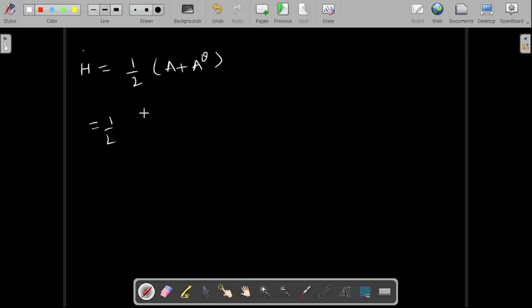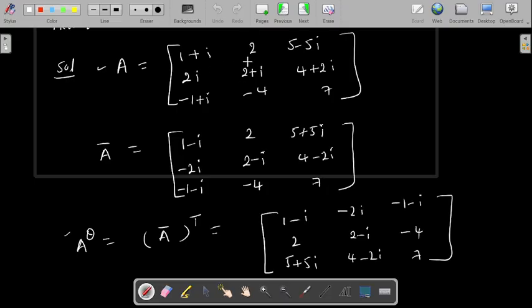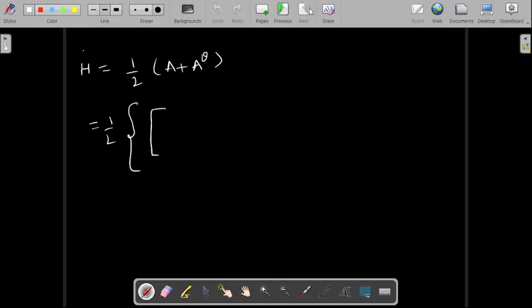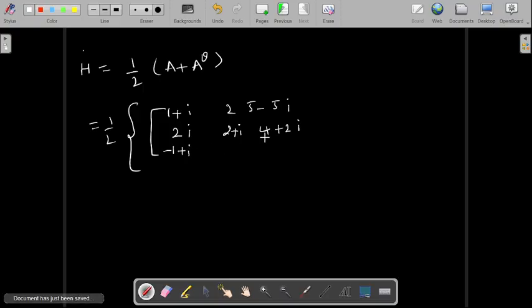For the A matrix we write [1 plus i, 2, 5 minus 5i; 2i, 2 plus i, 4 plus 2i; minus 1 plus i, minus 4, 7].